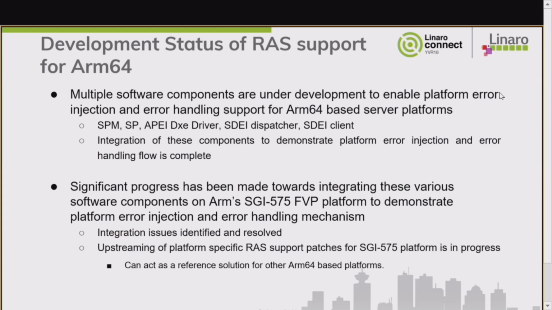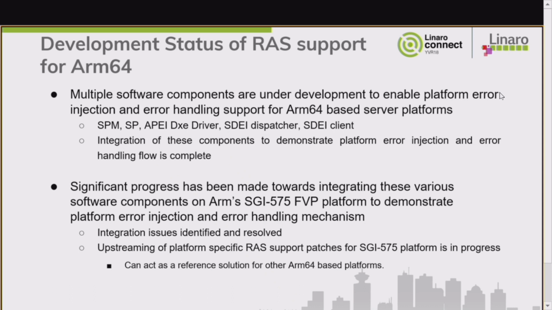For implementation of a complete RAS error handling flow, there are multiple components that are required. There are many ways in which the RAS error flow can be implemented. Primarily, for the ones that require firmware-first handling, an interaction between the firmware and the Linux kernel is required to complete the error handling.